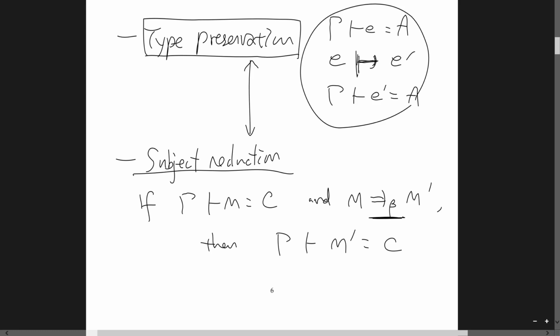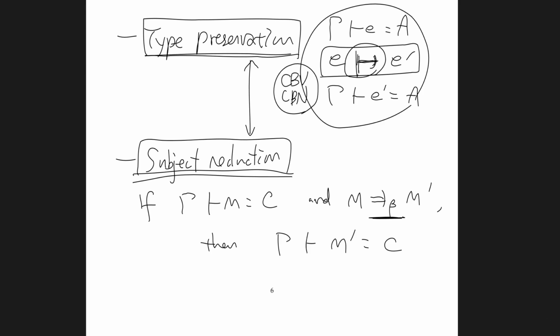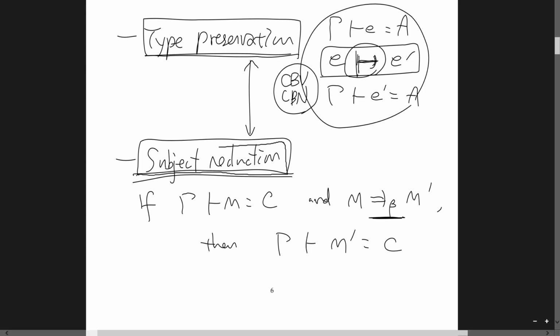For example, this is not necessarily beta reduction. This can be just a function call, because here we assume some particular reduction strategy, such as call by value or call by name. Other than that, the two theorems, type preservation and subject reduction, essentially describe the same phenomenon. So we can also prove this subject reduction.